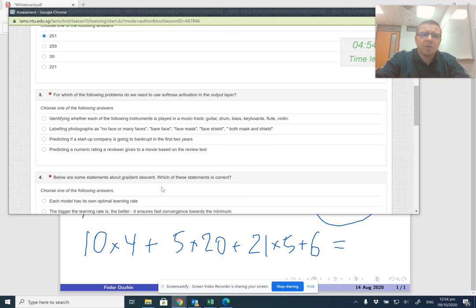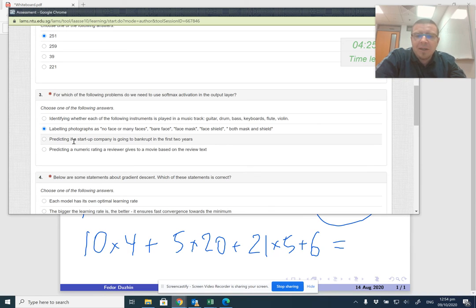For which of the following problems do we need to use softmax activation in the output layer? Softmax is for multi-class classification. So we need to figure out which of these is a multi-class classification. If you read it carefully, you will understand that it's the second option, labeling photographs. In the first option, identifying whether each of the following instruments is played in a music track, every one of these instruments can be either present or absent.